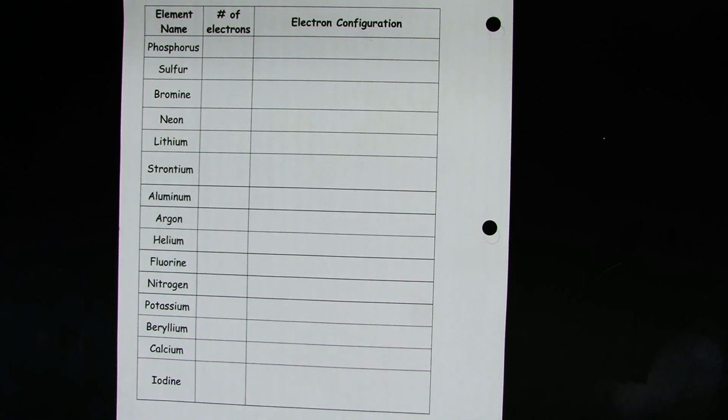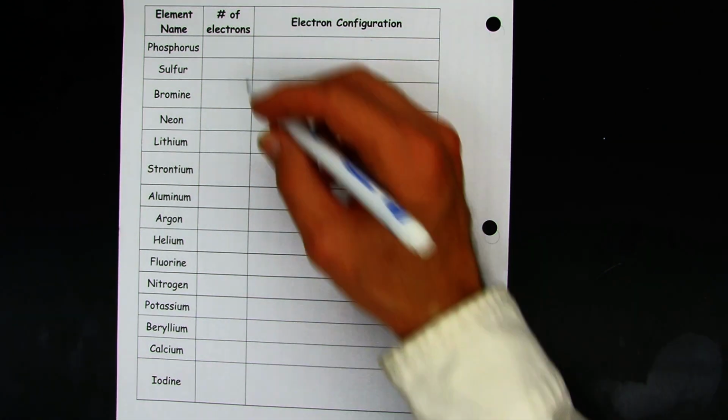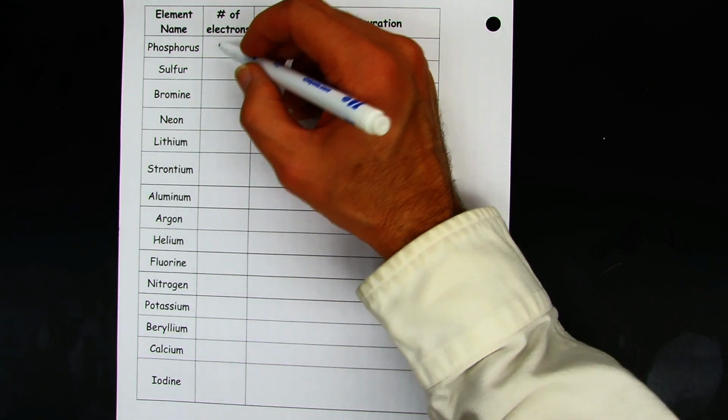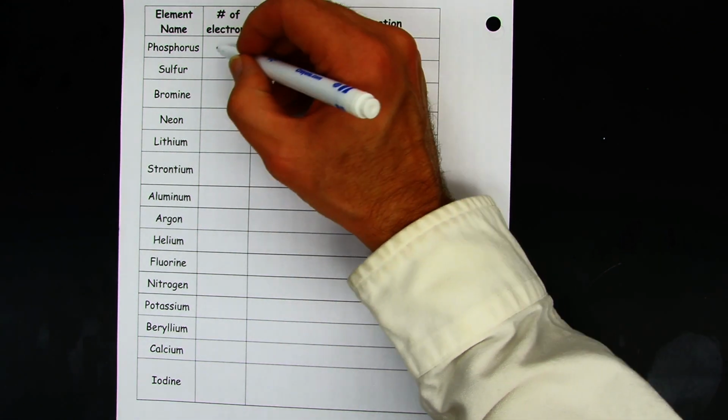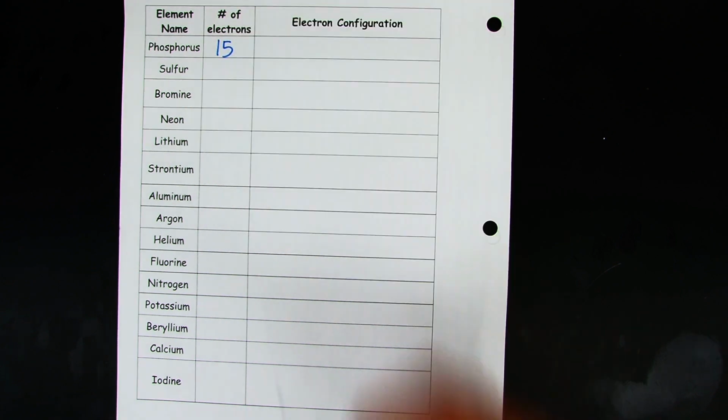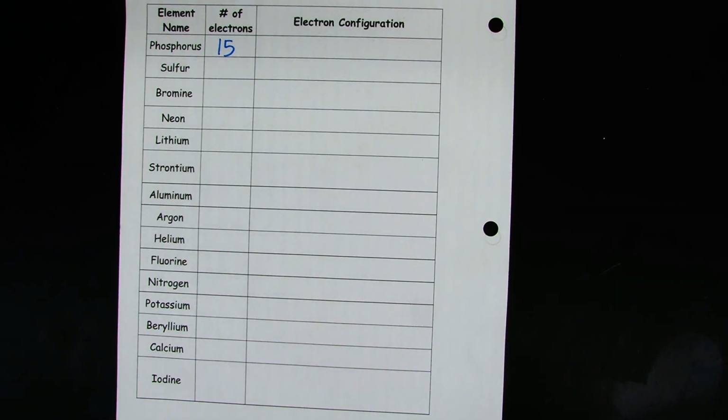That means the neutral atom of phosphorus has 15 electrons because it has 15 protons, and we're going to assume equal numbers of protons and electrons. So the number of electrons is 15. Now we go to our orbital diagram.